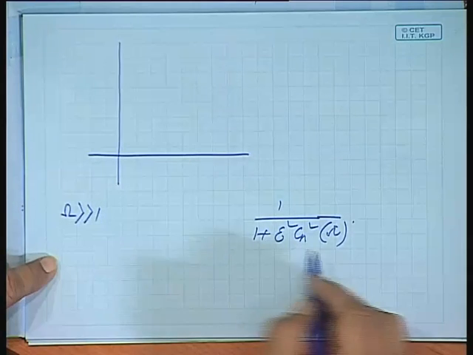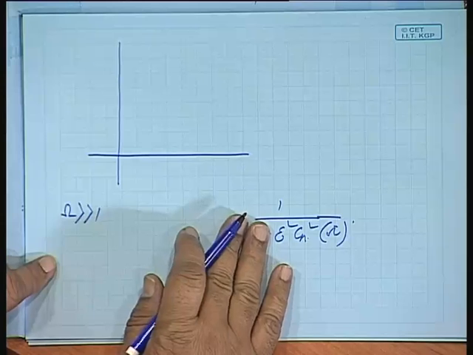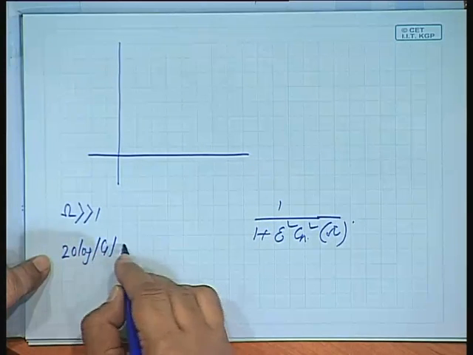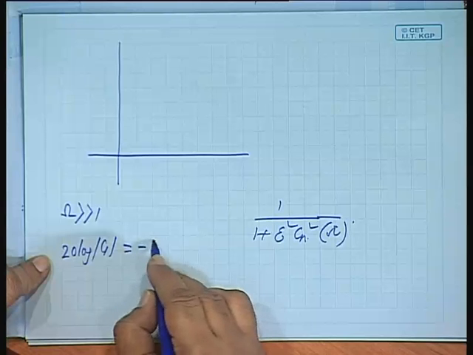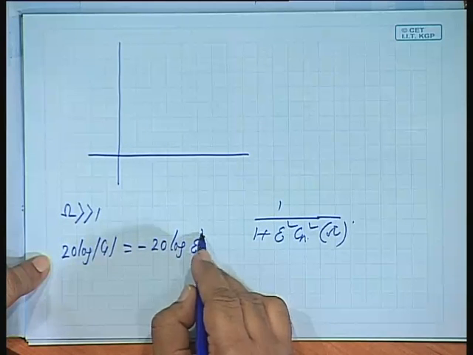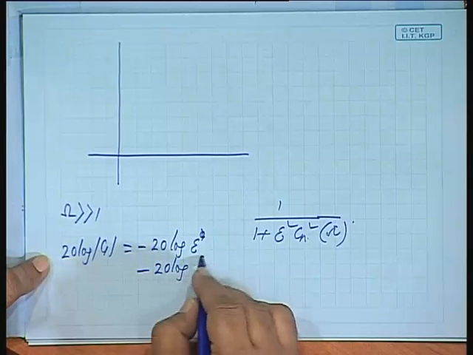So at high values of omega, this will be dominating, so the 1 can be neglected. So 20 log of g will be 20 minus 20 log of epsilon minus 20 log of Cn.